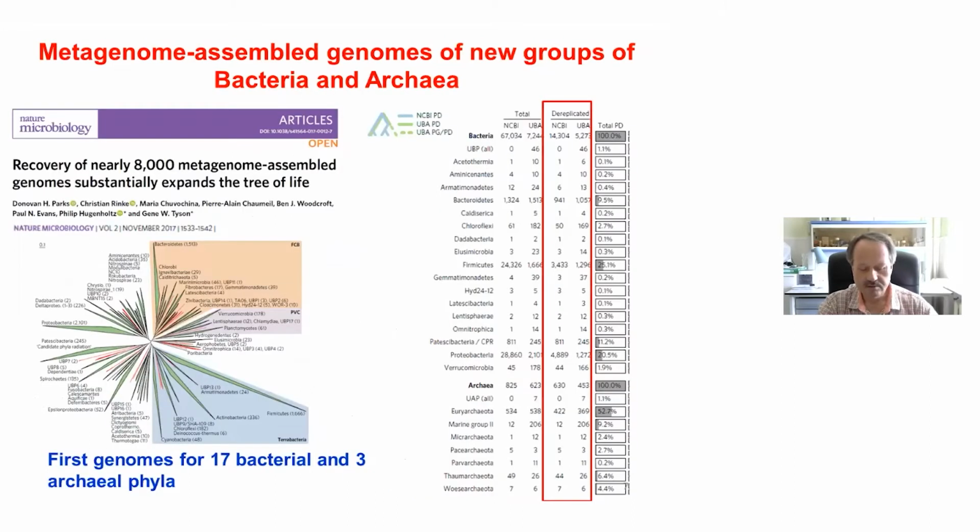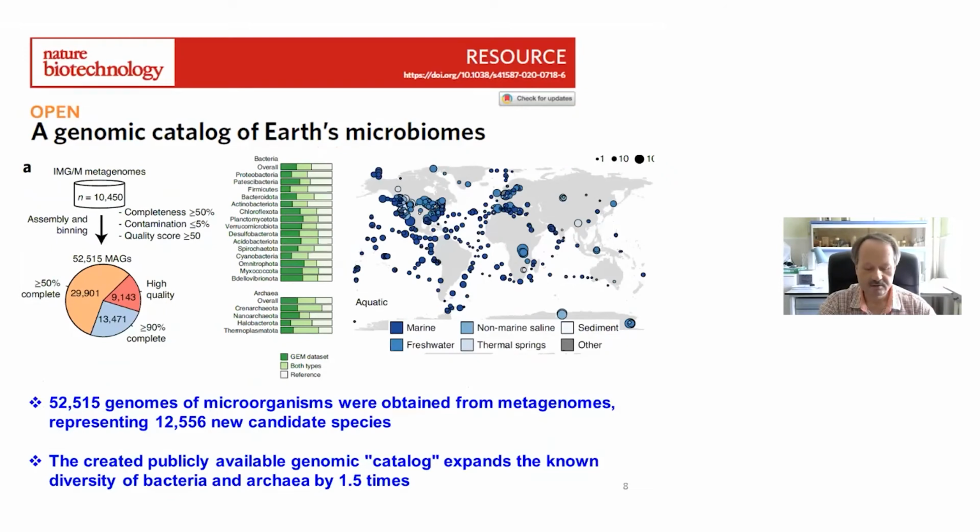There are also large-scale studies in metagenomics. For example, in this work, 8,000 genomes were assembled from different metagenomes. First known genomes were obtained for 17 uncultured bacterial and 3 archaeal phyla. The most recent international metagenomic project was published just a few months ago. 52,000 genomes of microorganisms were obtained from metagenomes.